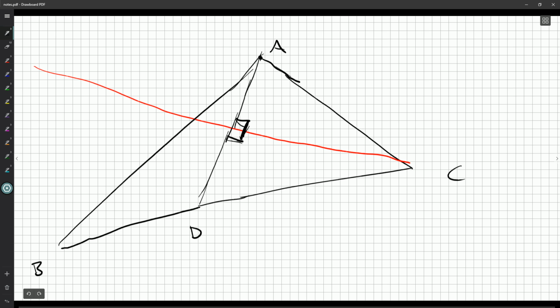So we've got a perpendicular here, we've got a bisector. Inside ACD, the bisector of C is also an altitude. We could call this intersection point E. That's kind of interesting.